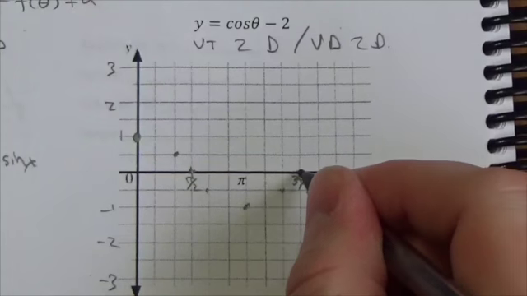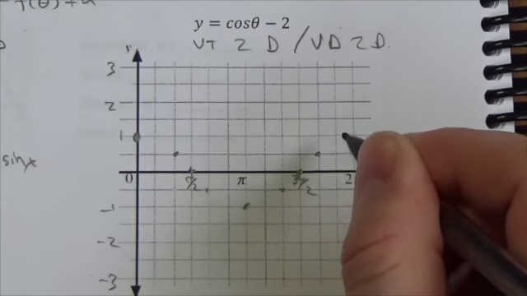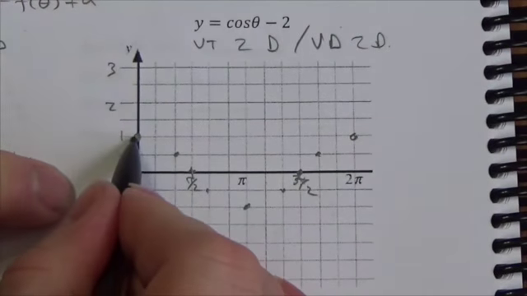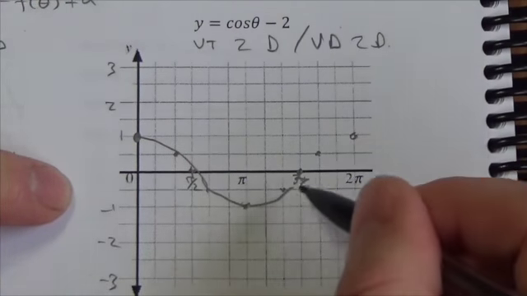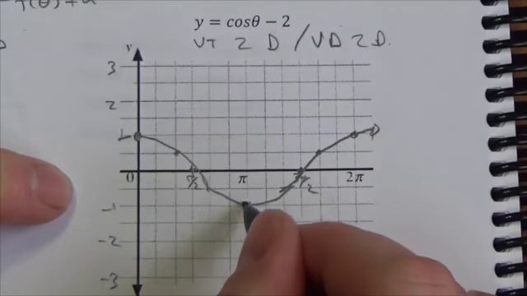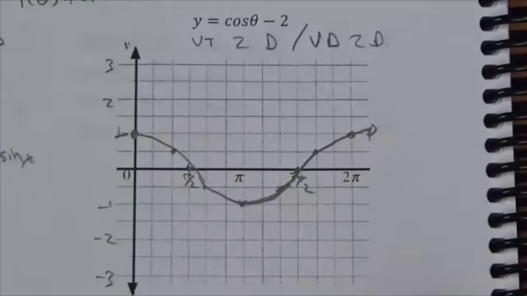Comes back up, and then at a half there, and then there we go. So draw the graph. Oh, that's not very pretty, but anyway, you get the idea. Sorry about that. Now, this has been a vertical translation 2 units down.